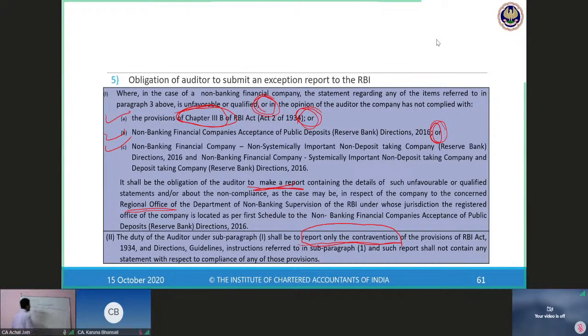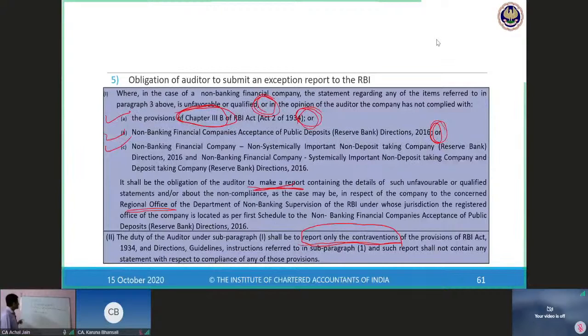I'm not getting into the number as to what CRAR is required to be maintained. We are not required to get into that. We are just looking at the difference. It is not as per the prescribed norm, and when you look at the prescribed norm, this is a marginal difference only.